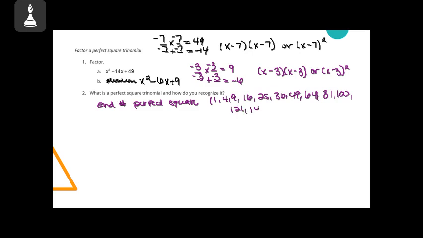And the second part is if you square root that number, so the square root of 9 is 3, those two numbers repeated make up your middle number.